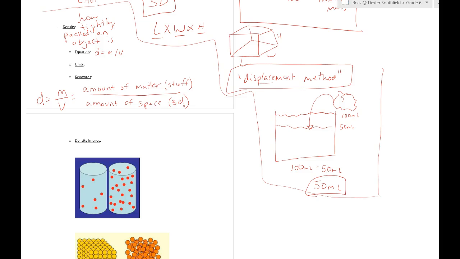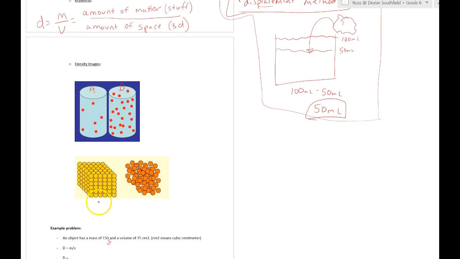It can be like glass of water A or glass of water B. In A, you've got a few red dots. In B, you've stuffed more red dots into that area. If we're looking at these two objects, A and B, it looks like there is more space. Like if we look right here, there's all these random spaces.